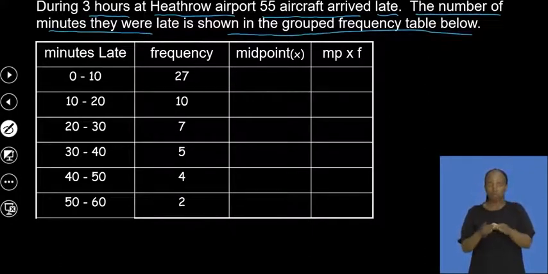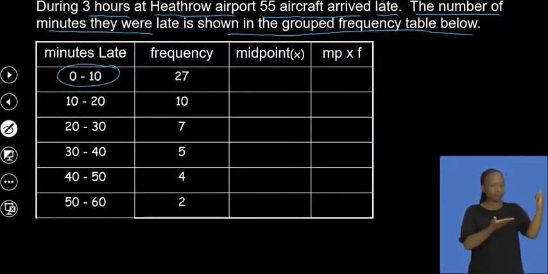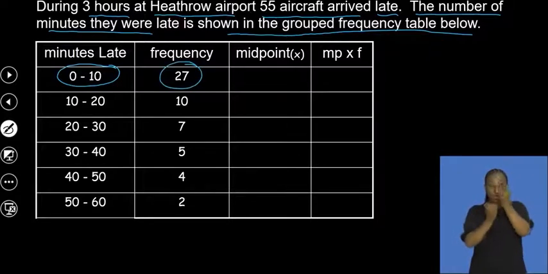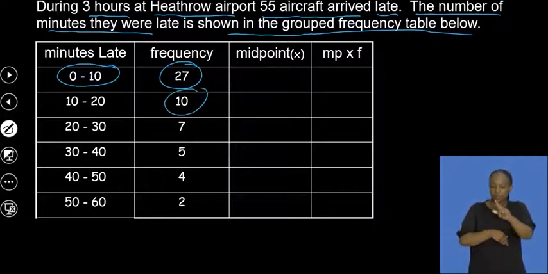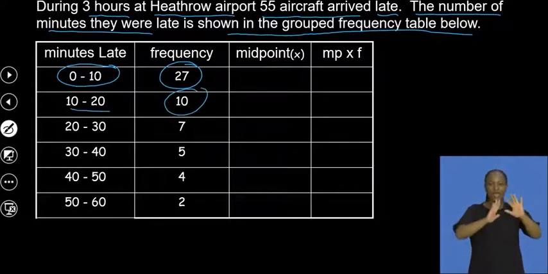So what we know is that planes that arrived late by 0 to 10 minutes, there were 27 of them. So 27 aircraft arrived 0 to 10 minutes late. 10 between 10 and 20 minutes late.